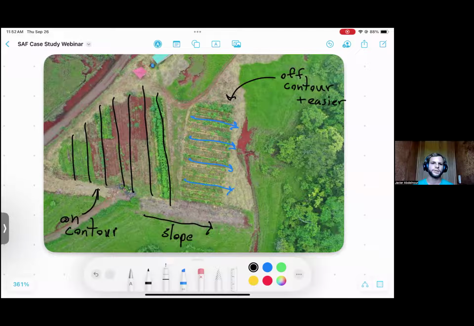Also, something interesting is that since we planted this way, the tree rows are shorter. So when you're doing your management and pruning, you get finished with one row much quicker. You finish one row and you're motivated to go into the next one, instead of having a really long tree row that you need to manage and you can't see the end.